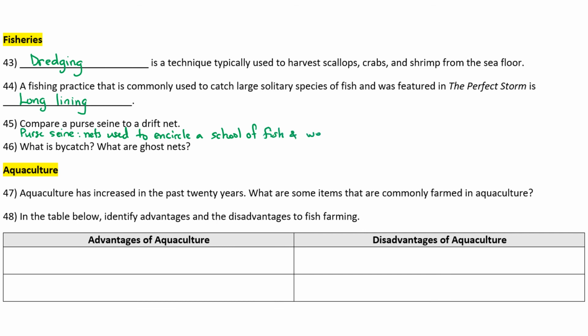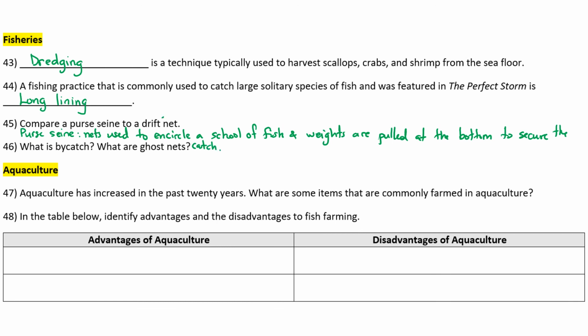And weights are pulled at the bottom to secure the catch.